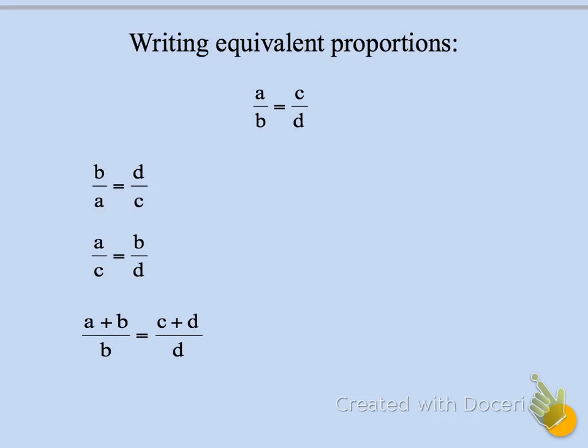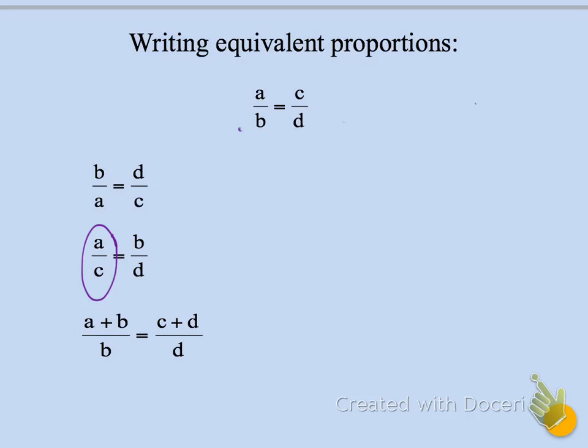Okay, so here are some other equivalent proportions. If you have b over a equal to d over c, so basically flipping these, it is also equal. You could also have a over c and b over d.